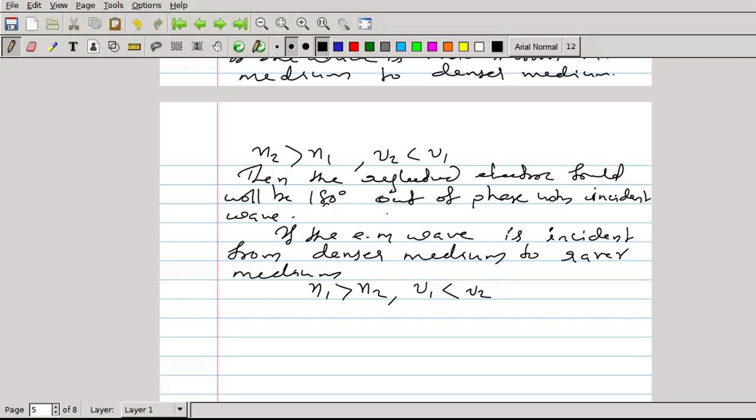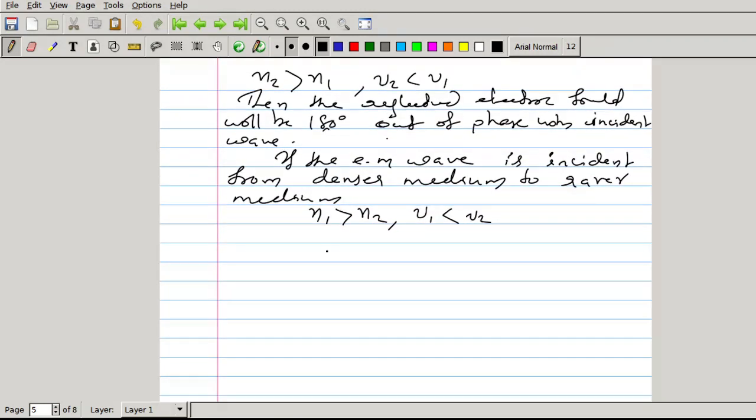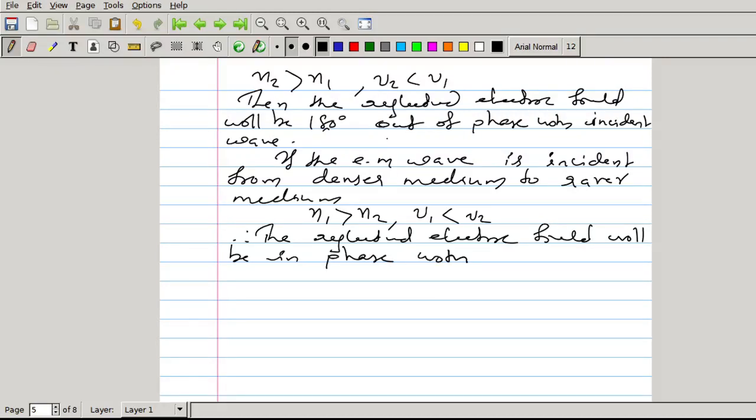If n1 is greater than n2, then this term will be positive. That means E0R and E0I are in phase. Therefore, the reflected electric field will be in phase with the incident field.